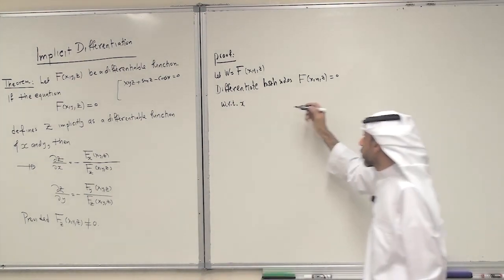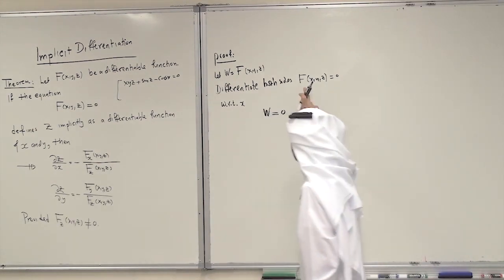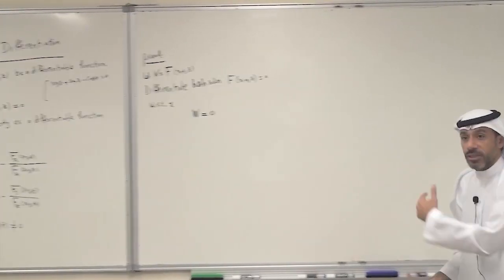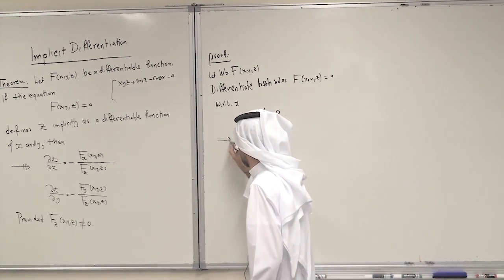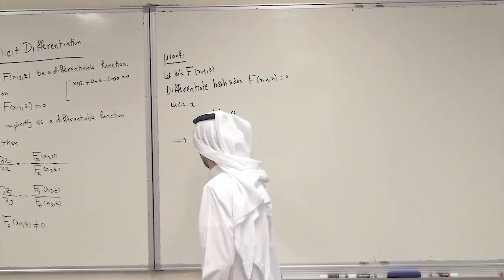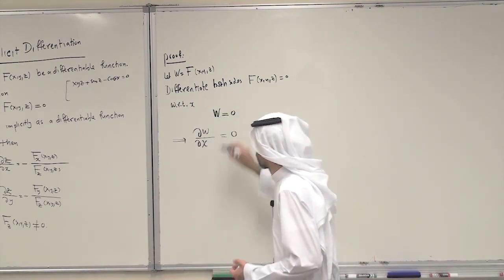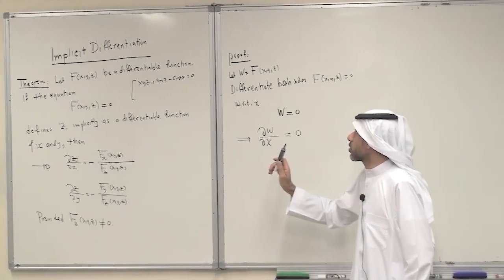This equation is just w equal to 0, because capital F is just w. If I differentiate this with respect to x, I get partial w, partial x equal partial 0 with respect to x, which is just 0.